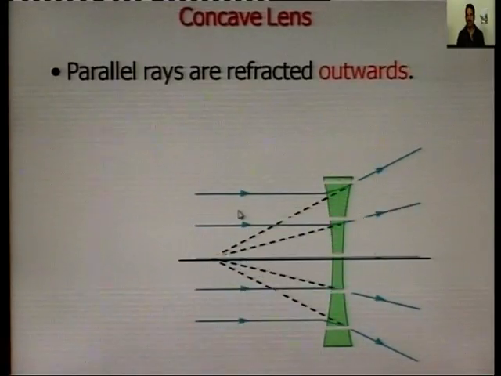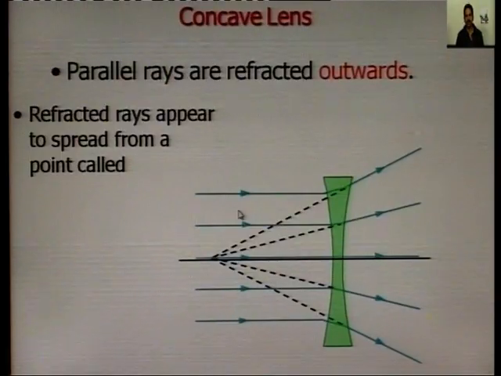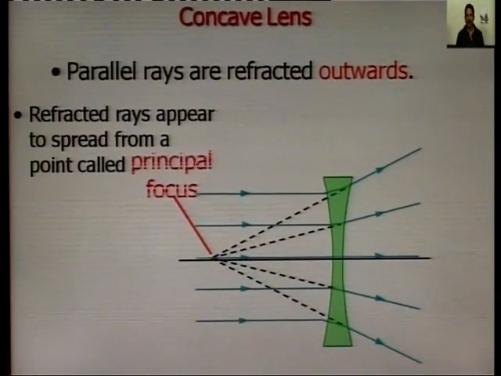Now, similarly, we will discuss the key features of concave lens. The parallel rays of light are refracted outwards, and these refracted rays appear to be coming from a point, and this point is called principal focus of the concave lens.